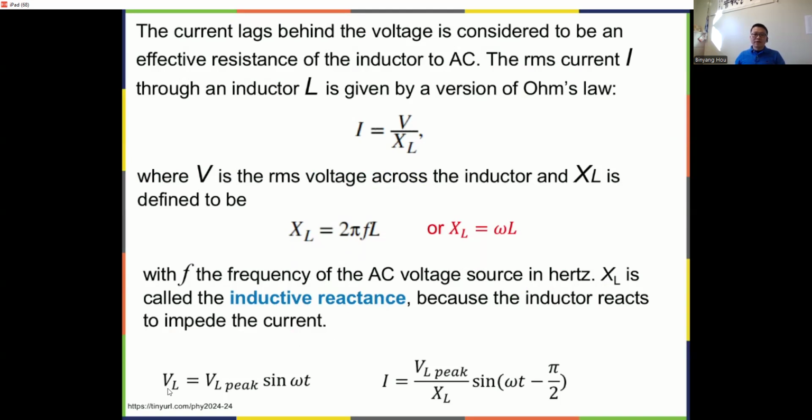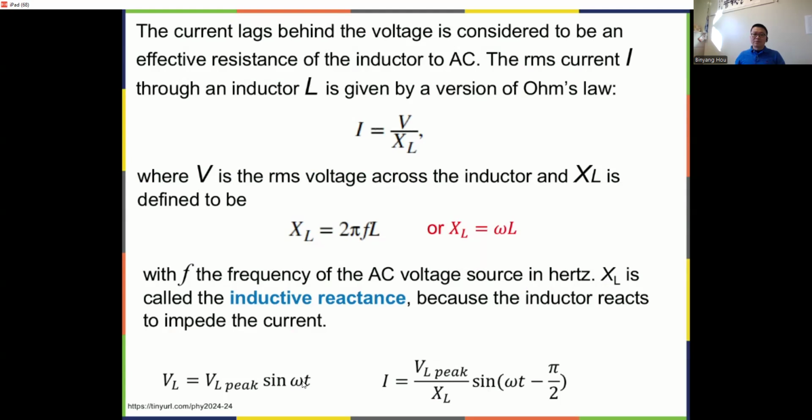So if your voltage is a sine function, a peak value times a sine function, then the current will be equal to the constant peak voltage divided by this fixed, also constant number, depending on your frequency, X sub L, and a sine function in this case because, as we saw earlier, the current peaks later, right?